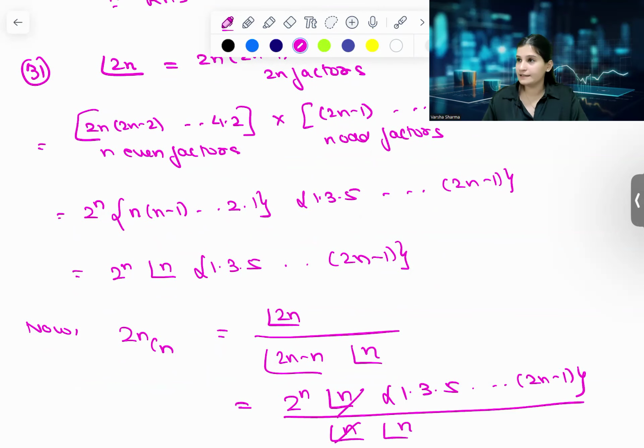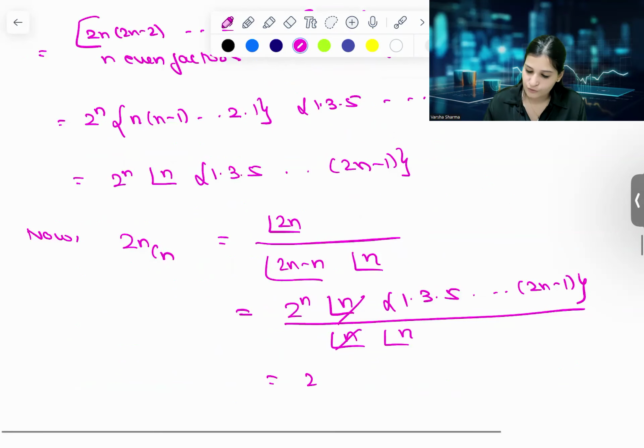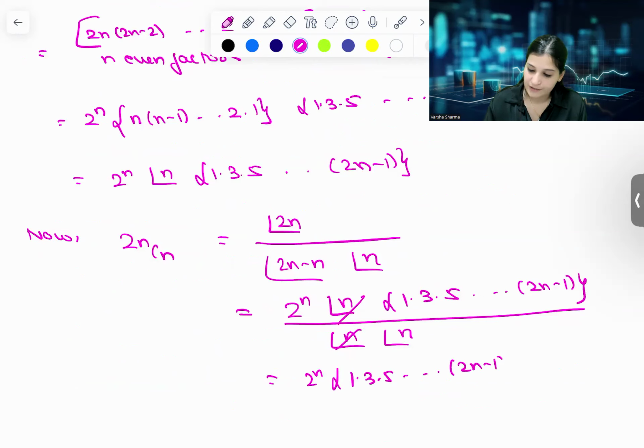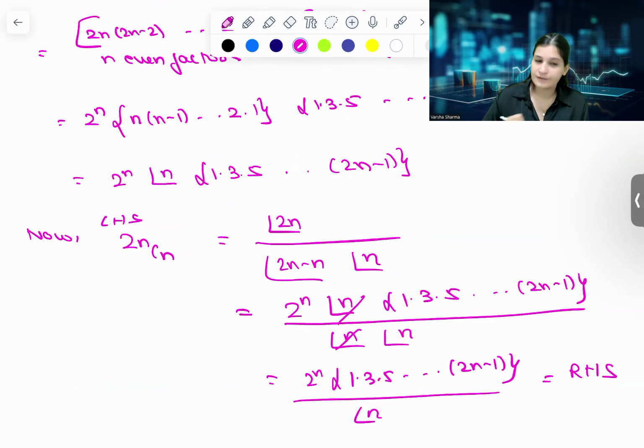One of them gets cancelled. So 2 power n times 1, 3, 5 up to 2n minus 1, divided by factorial n, which is RHS. This was our LHS. Proved.